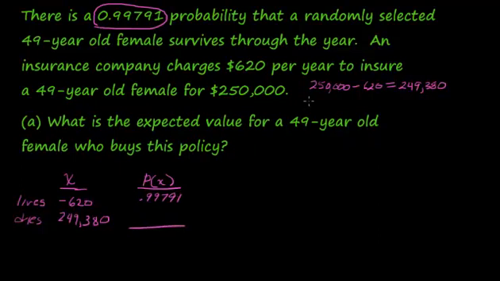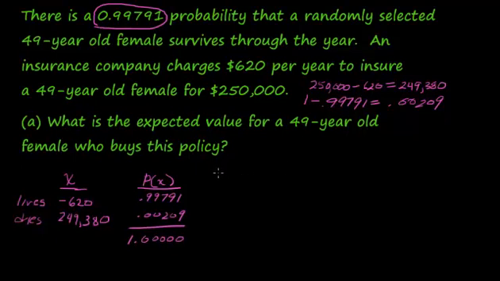Clearly that's 1 minus 0.99791, because they are complements of each other. These are the only two outcomes, and that's 0.00209. As always, the sum of the probabilities in our sample space must equal 1.